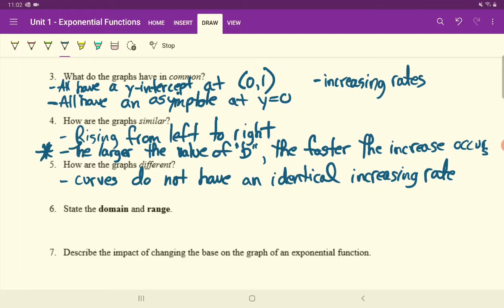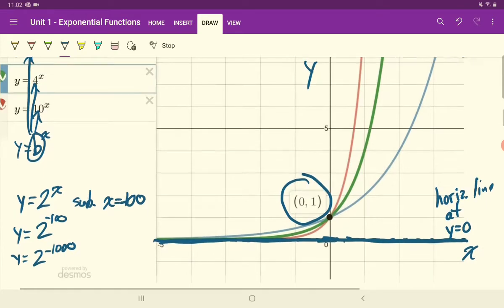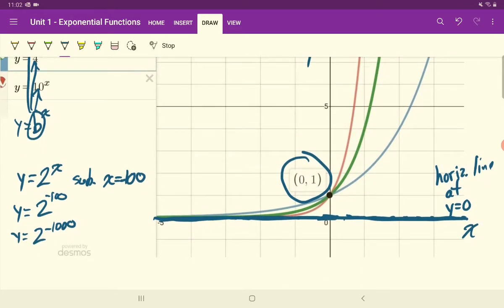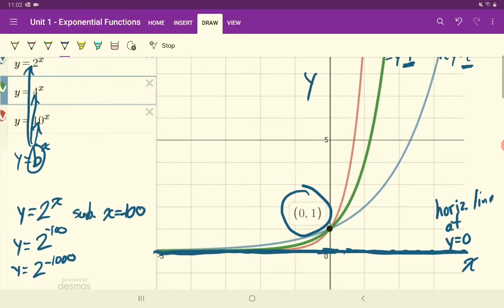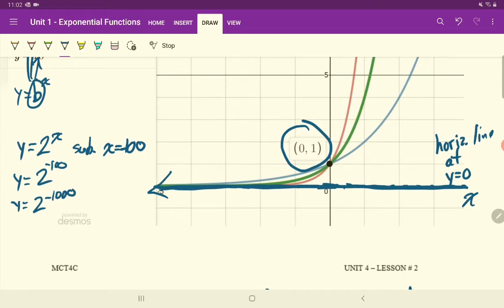The domain and range, let's take a look at what our domain would be. What values of x do you think are possible for these exponential functions? What values of x? Well, any value of x is possible to substitute in here, right? This curve goes on forever in this direction and forever in that direction, which means that we can substitute any values of x all the way up to x is a billion potentially, and all the way down to x being negative a billion.